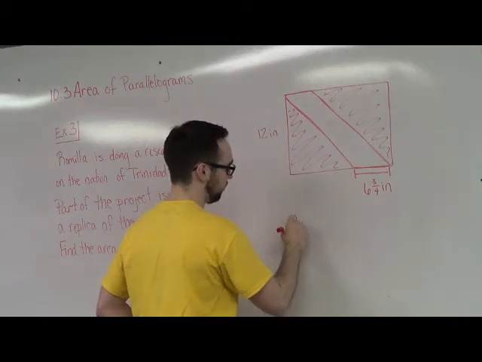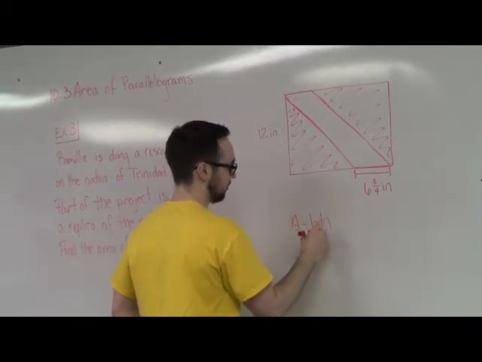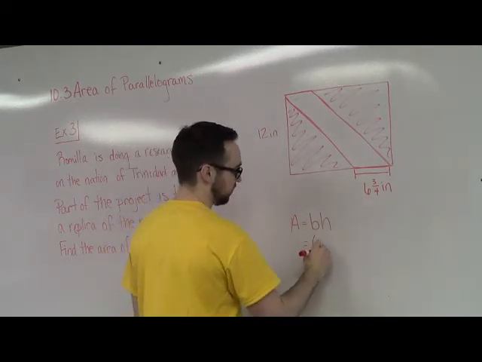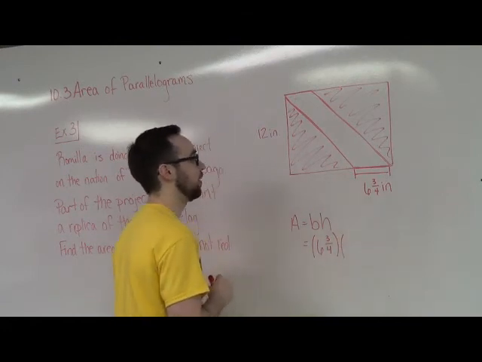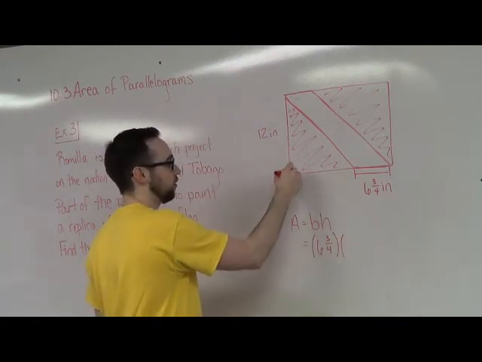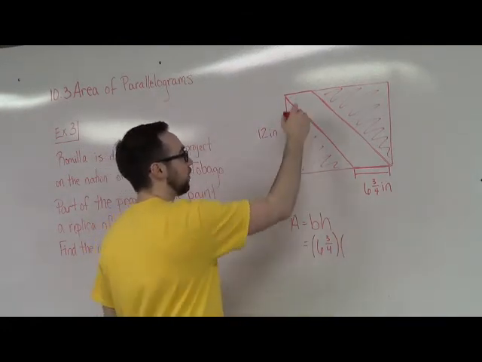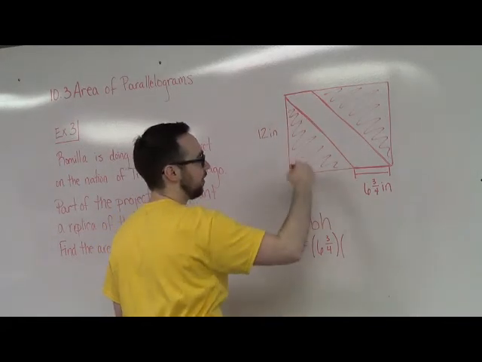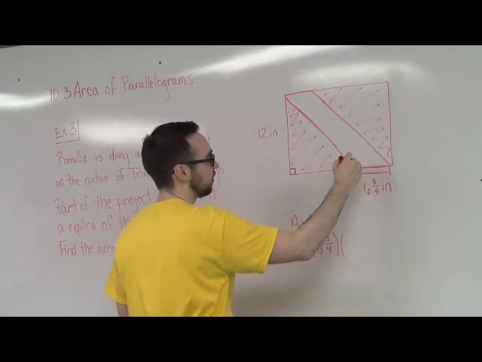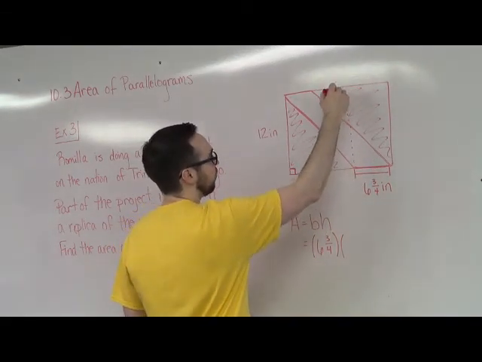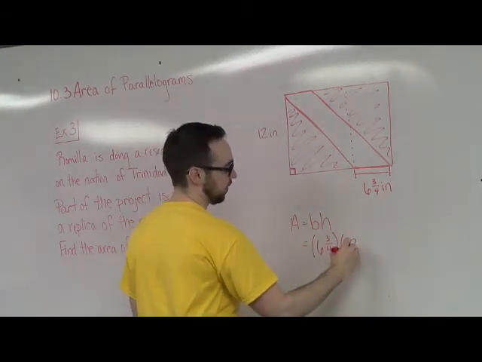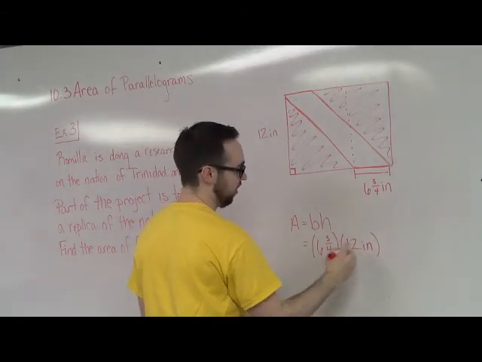So we're going to jump right to area is equal to base times height. The base is this 6 3/4 inches times my height. Now notice, because it's a rectangle, we know this is perpendicular. So if I were to carry this over, that is the height of my parallelogram, because that's going to go from here perpendicular up to the top of my parallelogram. So the height of my parallelogram is 12 inches.